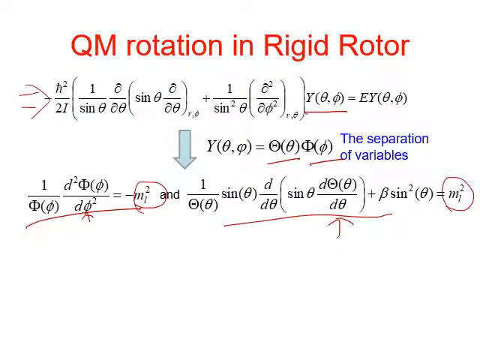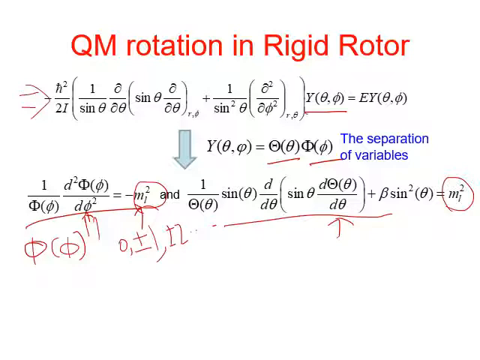Now the solution of the left side gives you the function of phi. And it is found that ml can only have certain allowed values. These are 0, ±1, ±2, and go on.